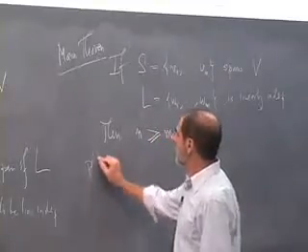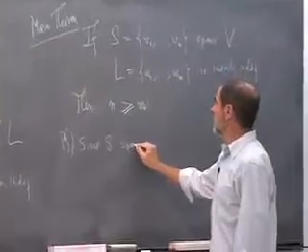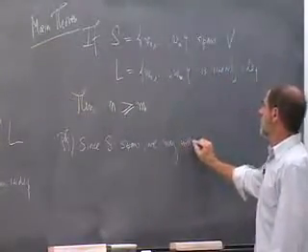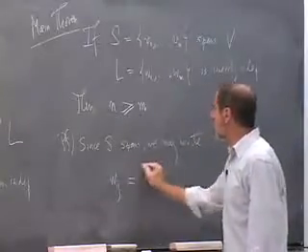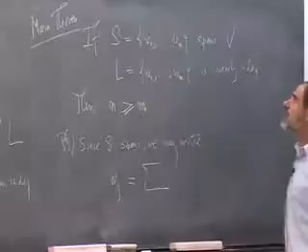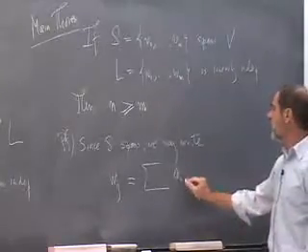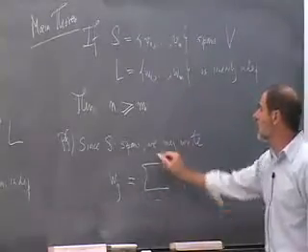Proof. Since S spans, we may write every element in L, which I'll call wj, as a linear combination of the elements in S. So I'll write that as the sum of aij vi, where I sum from i equals 1 to n.